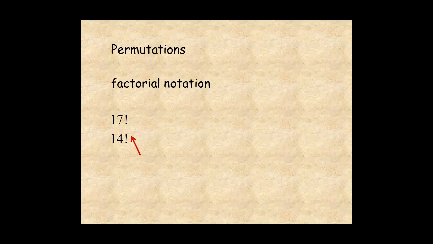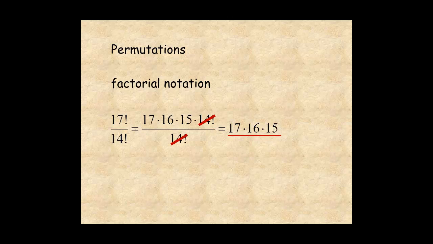In this example, 17 factorial is rewritten as 17 times 16 times 15 times 14 factorial. Then the 14 factorials cancel out, and you have 17 times 16 times 15, which is 4,080.